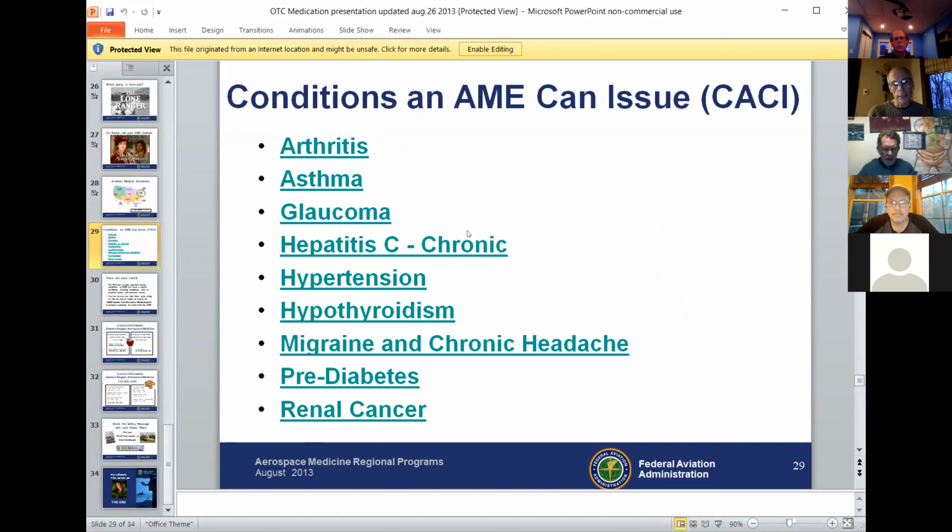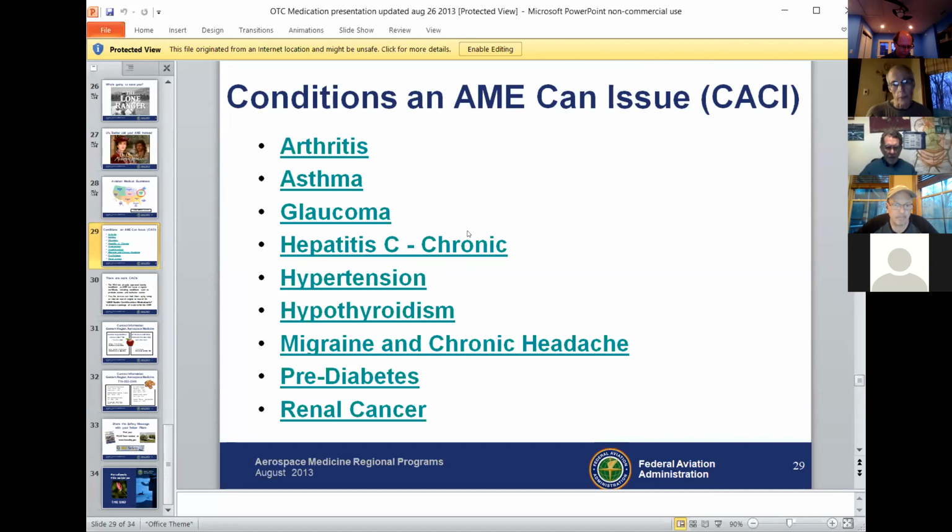And they're in the Guide for Aviation Medical Examiners. These are some of those, not a complete list, but some rather significant medical problems.